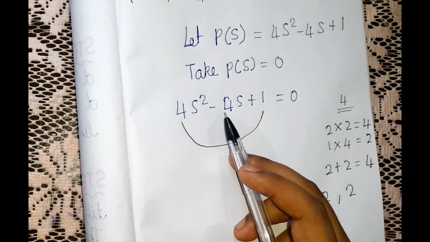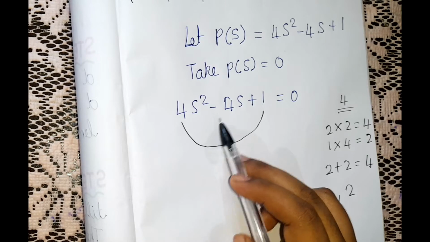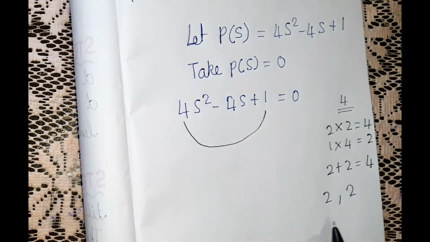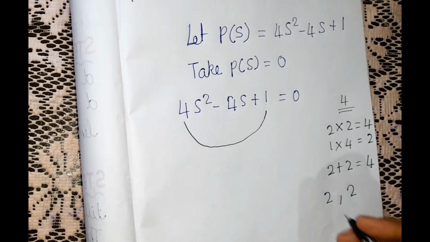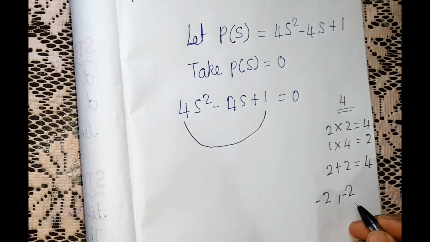For that we take the sign which is in the middle. Here we have minus 4s, so we are going to be taking the minus sign. Here we have similar values, so we don't have a greatest value or the smallest value. In case you have a greatest value, then we put the sign for the greatest value. So we are going to be putting minus here, and here also minus. So now it is minus 2 and minus 2.